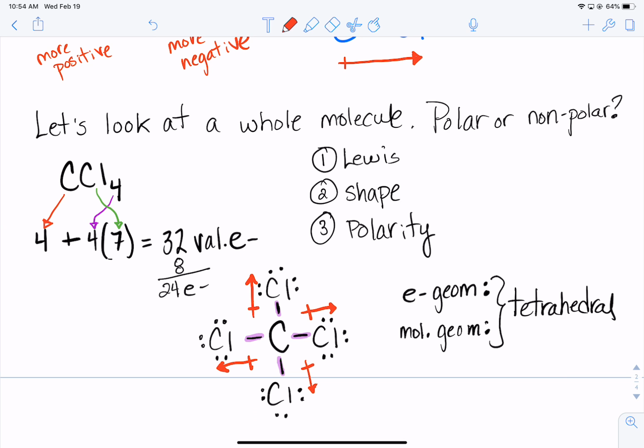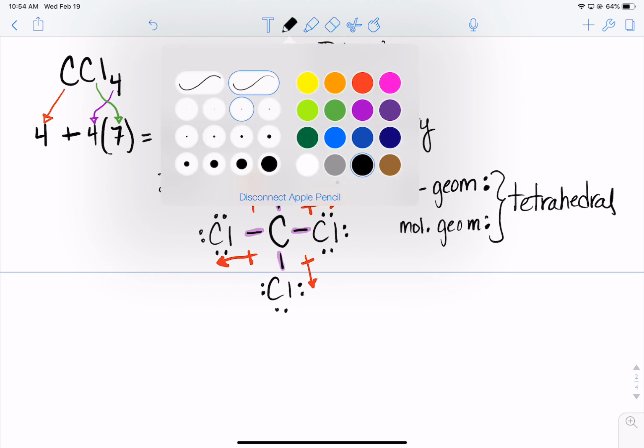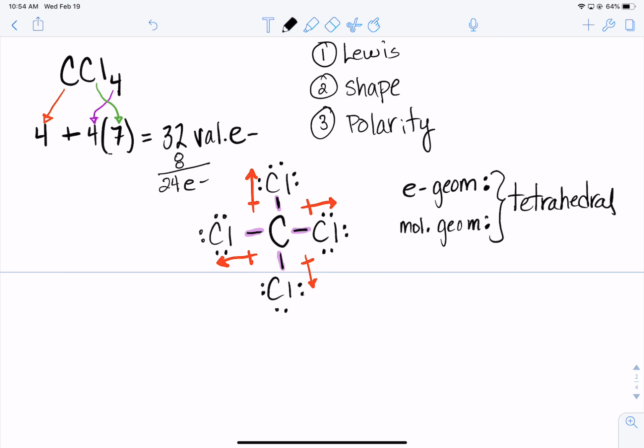Now, unfortunately, a Lewis structure is 2-dimensional. So let's remind ourselves of what this tetrahedral shape looks like. It has a central atom with 2 atoms in the same plane, and then one going behind and one coming forward.